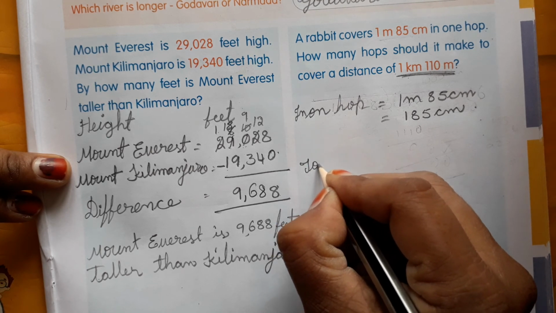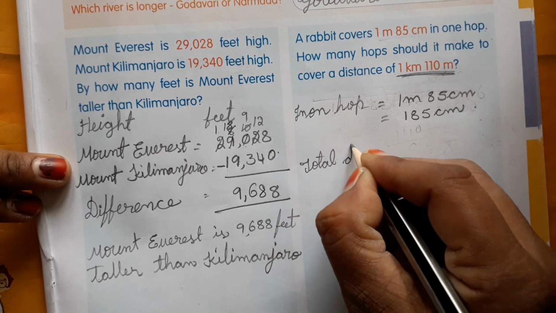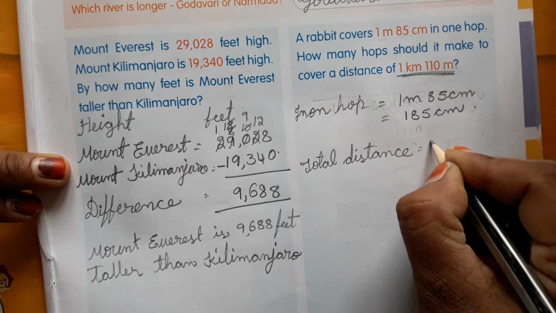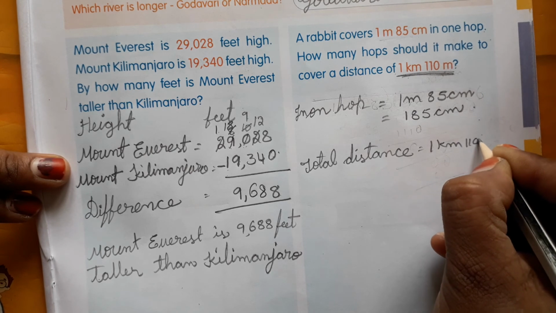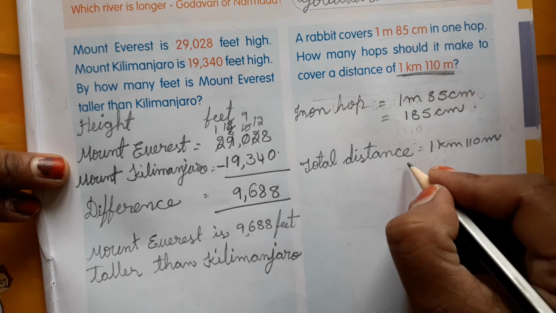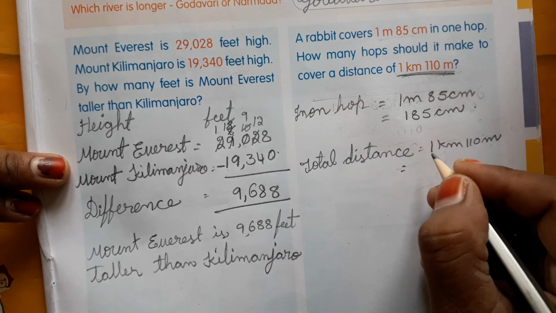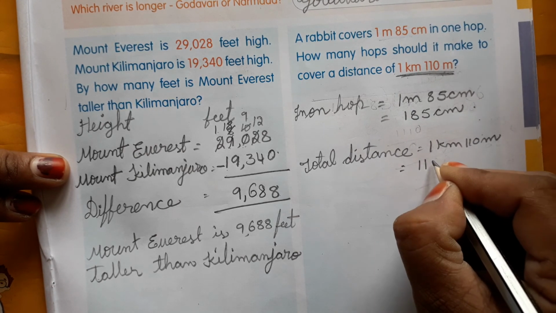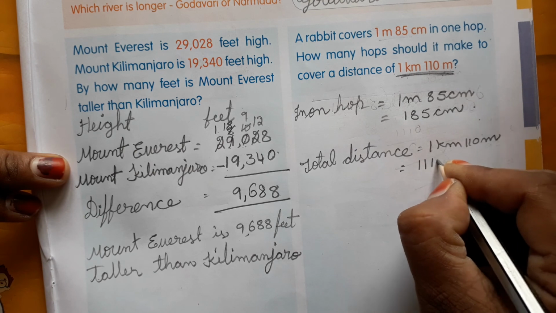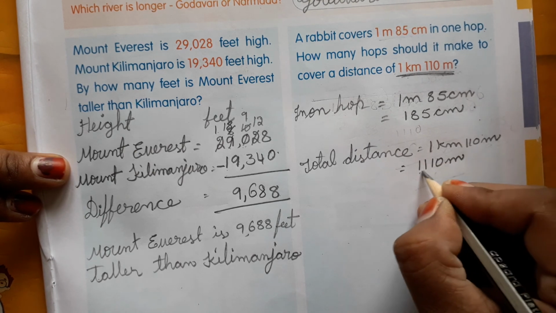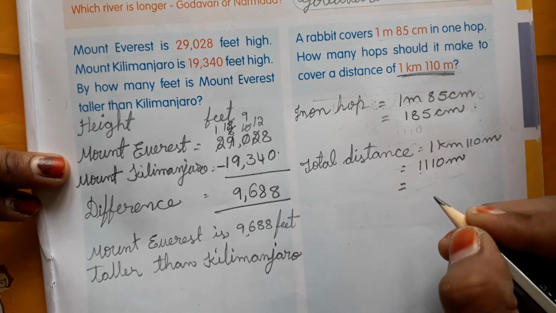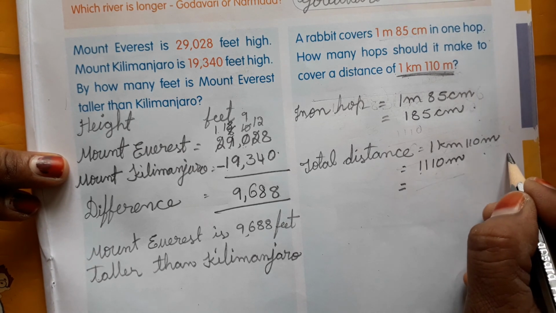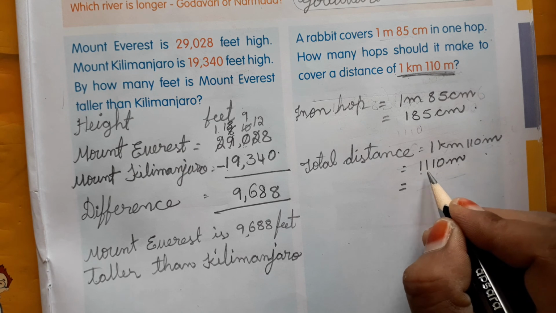And he has to cover a distance of how much length? Total distance. 1 kilometer 110 meters. So this one also convert into centimeters, children. First convert into meters. 1110 meters. 1110 meters convert into centimeters. So 1 meter is 100 centimeters.